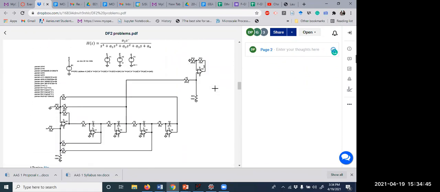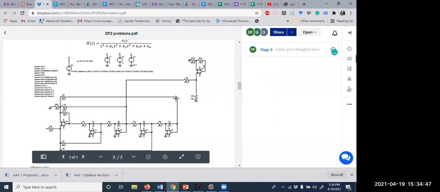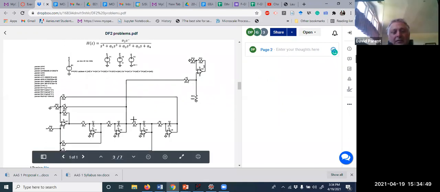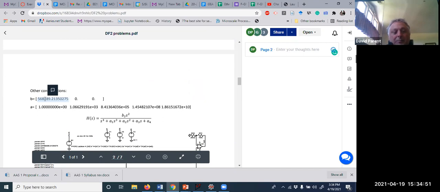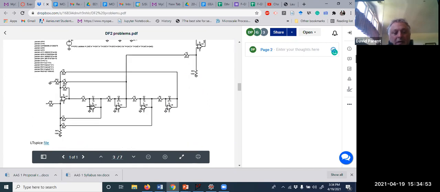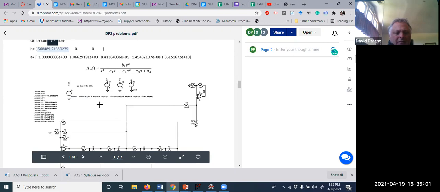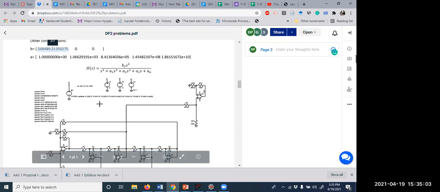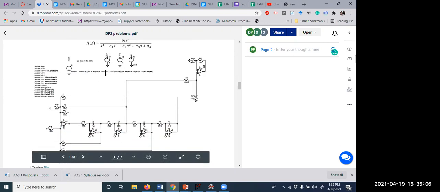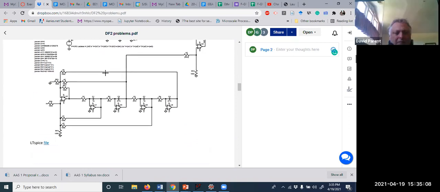Yeah, that one. Right. So here's the thing. This is B2, right? B2 corresponds to the second op amp.